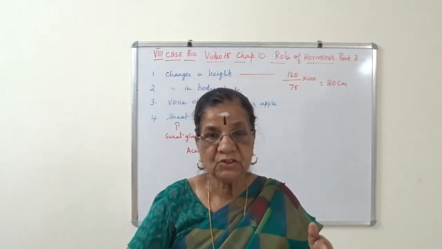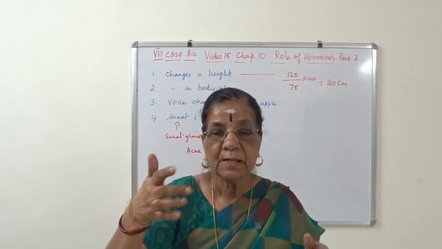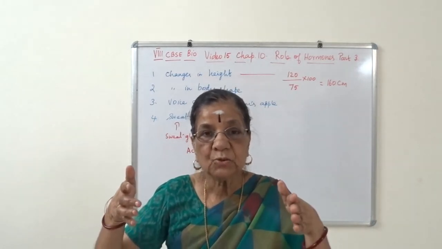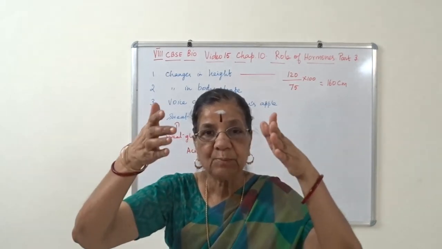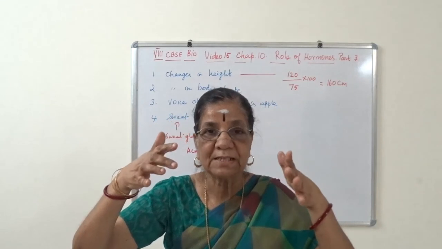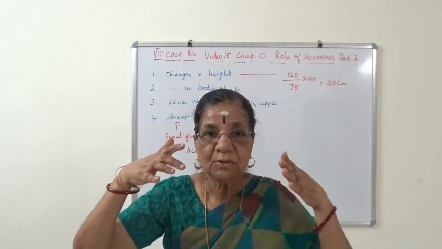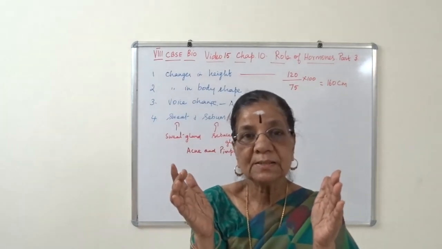From first standard, KG, to 12th standard you will go step by step with the help of the school teachers and the parents, and you are also climbing along with us, right? Then after coming to 12th standard, by now you reach the age of adolescence and you attain maturity.